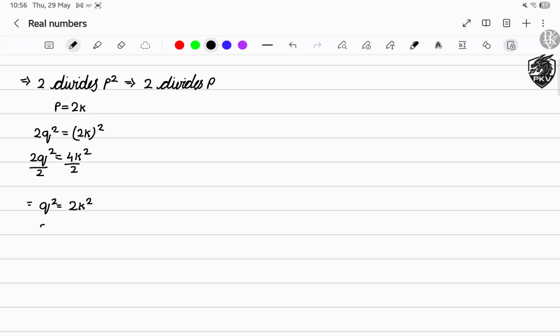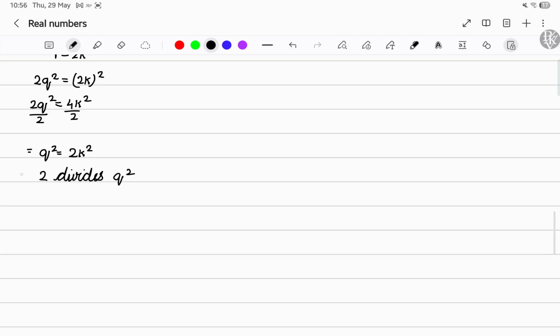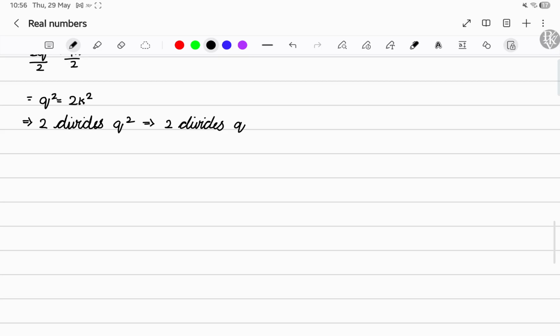Now this means that 2 divides Q square, and again like before, that means 2 divides Q. So what we have found out is that 2 divides P and Q, but that's a mistake.